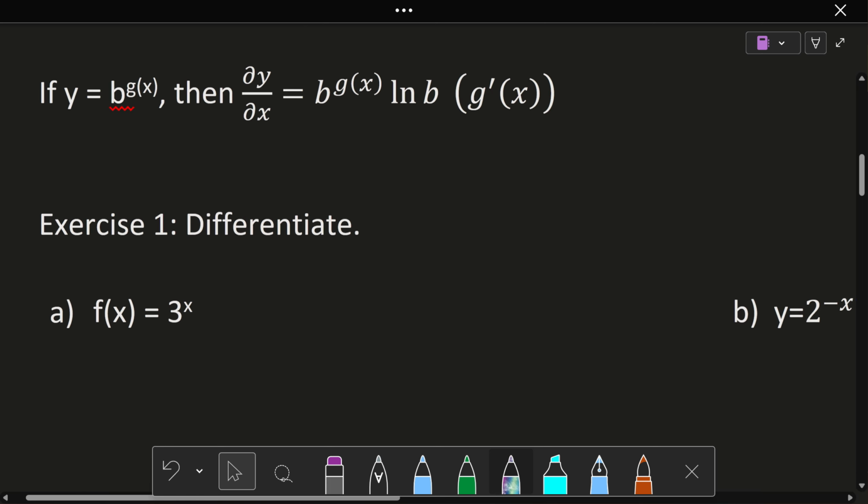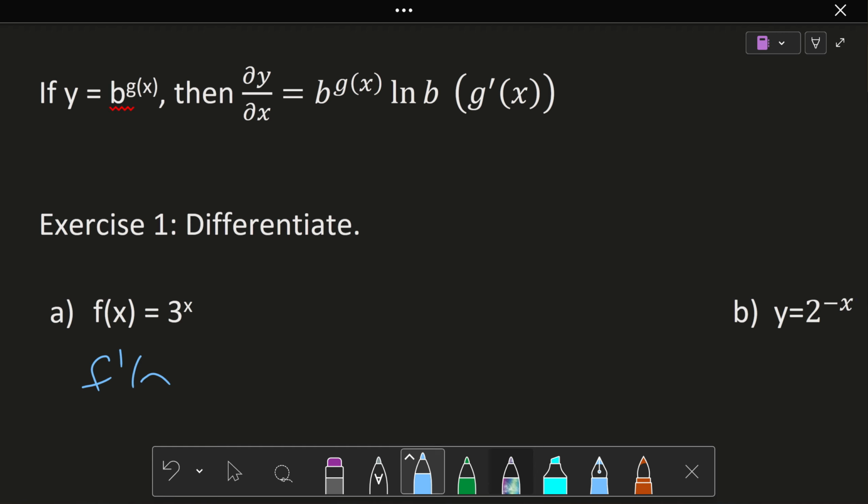So let's look at some of these here. I know that looks really, really confusing. Say what I have is f of x equals 3 to the x. So my f prime of x is equal to, keep it the same, times the ln of my base, times the derivative of the x, which is 1.